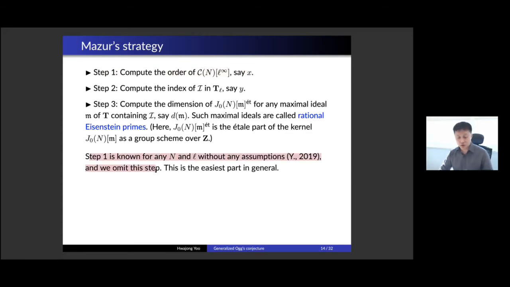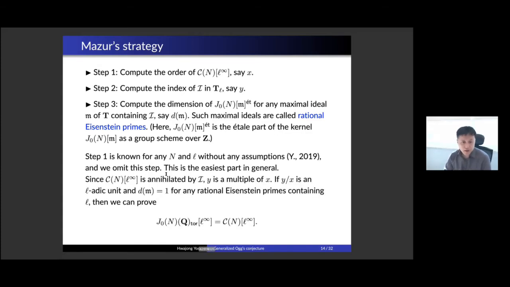Step 1 in general is known from my previous work, so we just omit this step. It is elementary but requires tedious computation, and this is the rigid part in general. Step 2 is the most difficult one, and step 3 is possible in some cases.